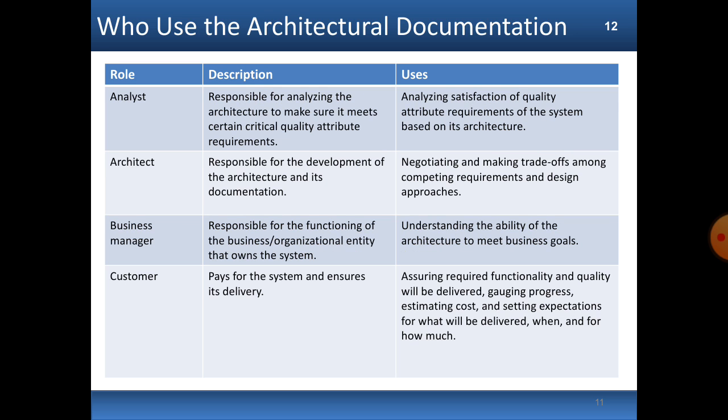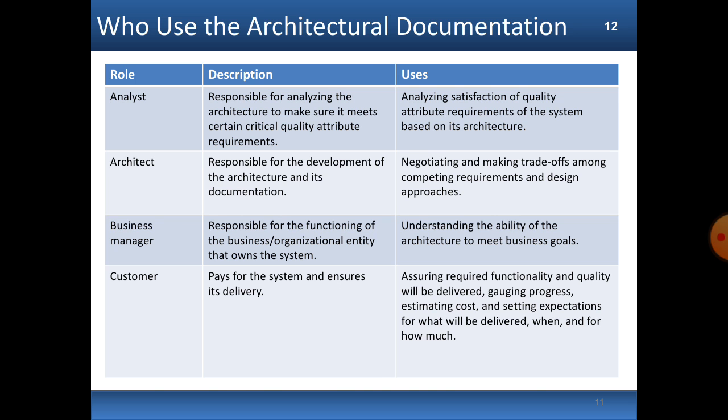Students, these are the different roles along with their descriptions. What the descriptions of their roles are and what the uses of different architectural documents in their roles are, are specified in these slides and are very clear.